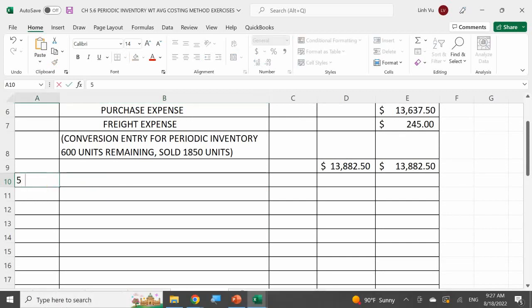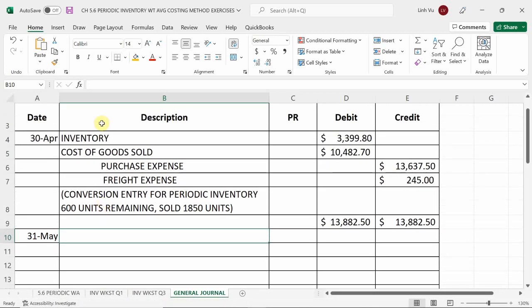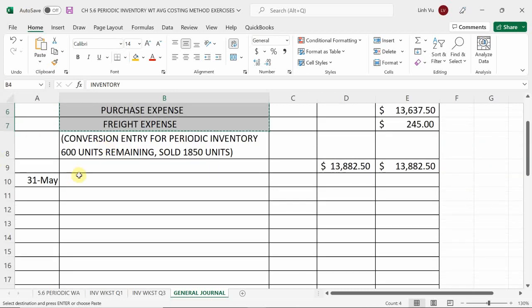Okay, so now it's May 31st. What am I going to recognize? Inventory. What else am I going to recognize? Cost of goods sold.